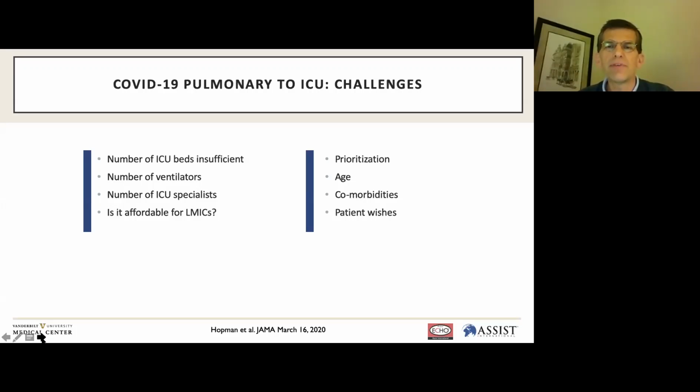Is this type of intensive care affordable for low middle income countries? How do we prioritize access to an intensive care unit when the patient load overflows and overwhelms the medical system? Are there exact appropriate boundaries of age, of comorbidities, and how do we integrate patients' wishes?